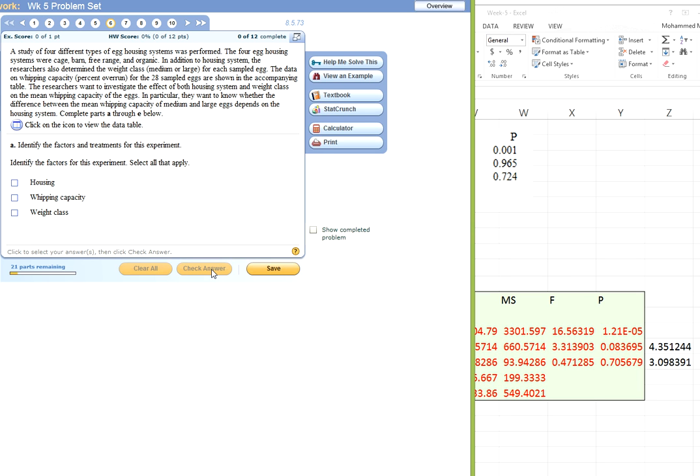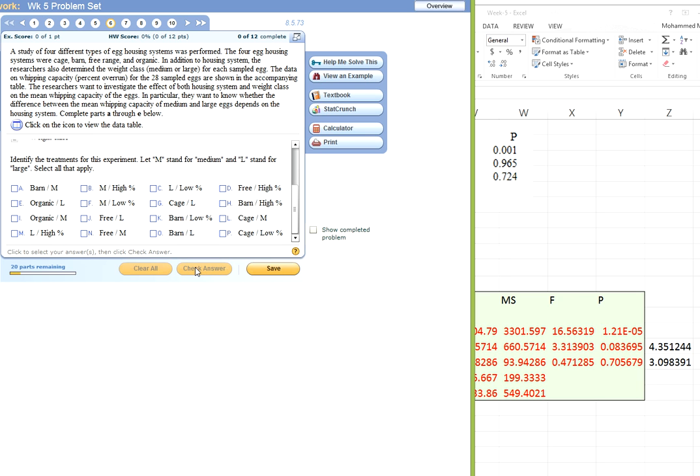Okay, continue. The first question is: identify the factors of this experiment. Well, of course, housing and the weight class are the factors. So check, yes. The next question is: identify the treatments.